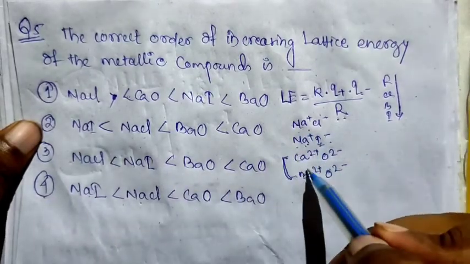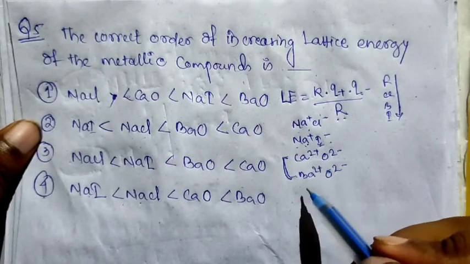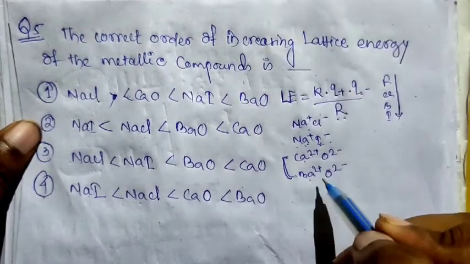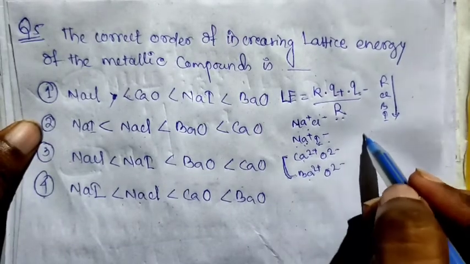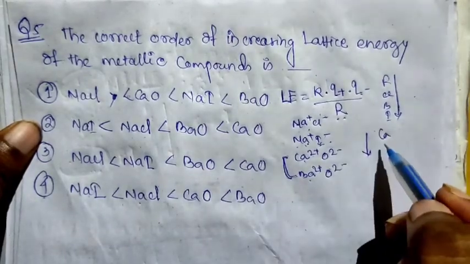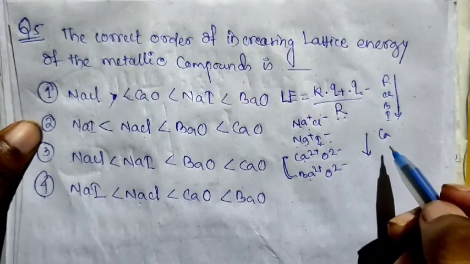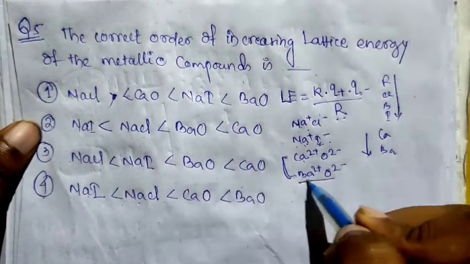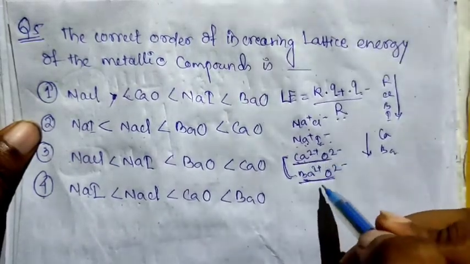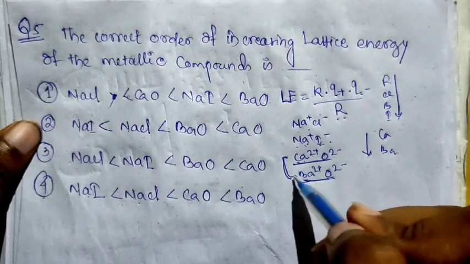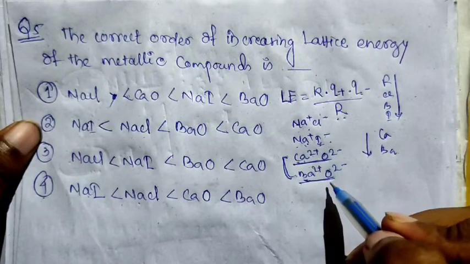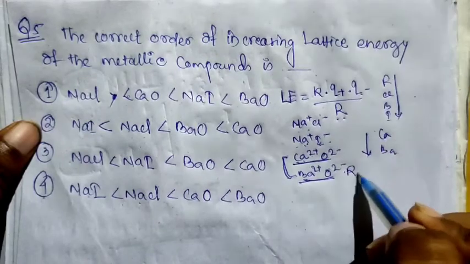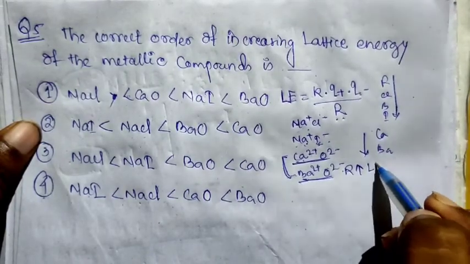Now we consider calcium oxide and barium oxide. Here we know that calcium and barium both are second group elements. In the second group, when we go from top to bottom, size increases. So barium oxide has more ionic radii than calcium oxide, so less lattice energy.